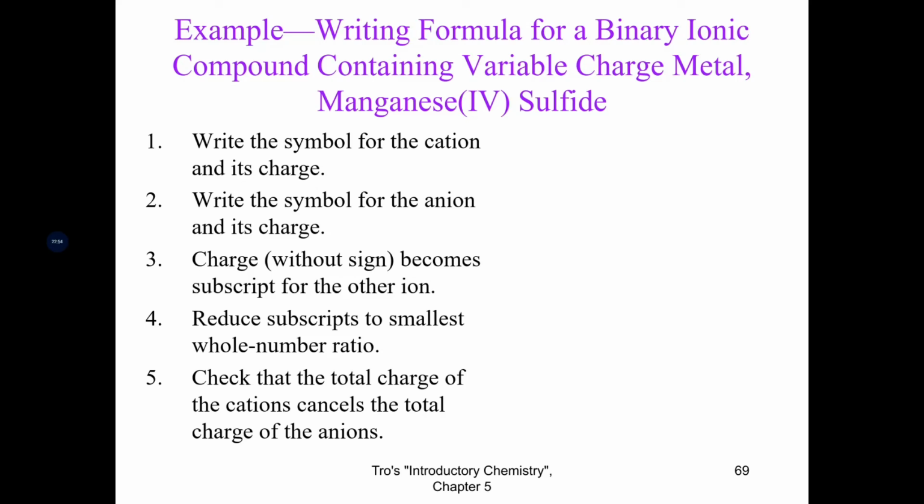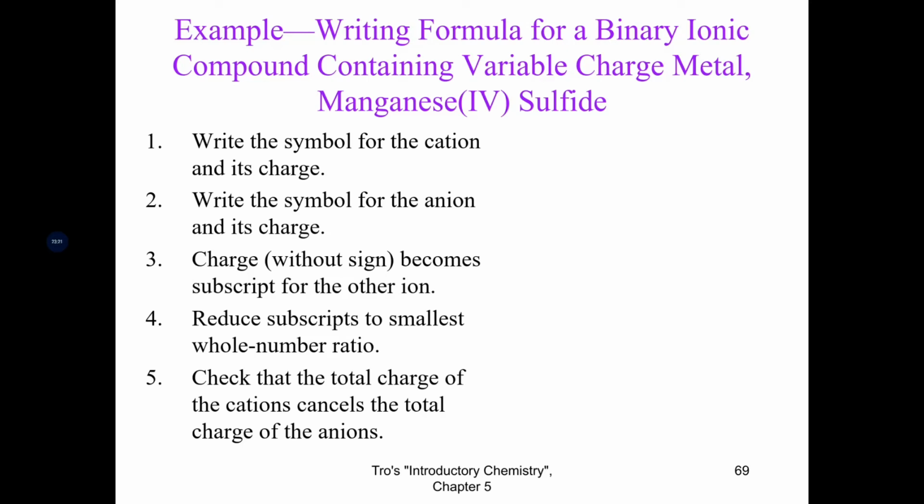Let's come up with the formula for manganese 4 sulfide. Now we're given the name, and we're going to go from the name to the formula of the compound. So this is going to be the other way around. We're not being asked to name the compound, but rather to come up with the formula from the name. Okay, so let's go through it.